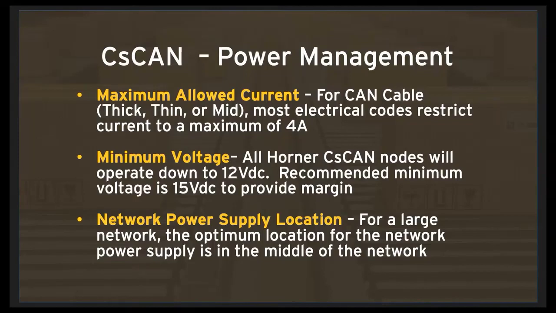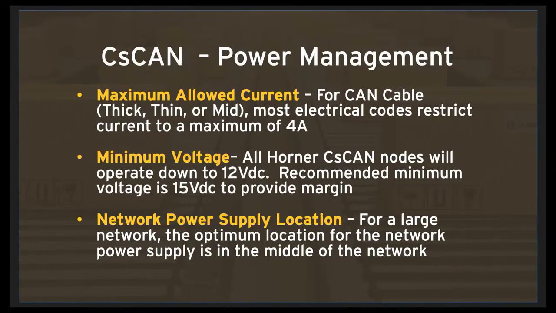Now you can do the calculations for voltage drop and current draw, and you may find there's no problem in locating the power supply on one end. That may be the most convenient and may otherwise have no issues. Just be aware that the optimum location is in the middle of the network. That way, you can supply potentially 4 amps to the network that's, let's say, below the power supply, and 4 amps to the network that's above the power supply.